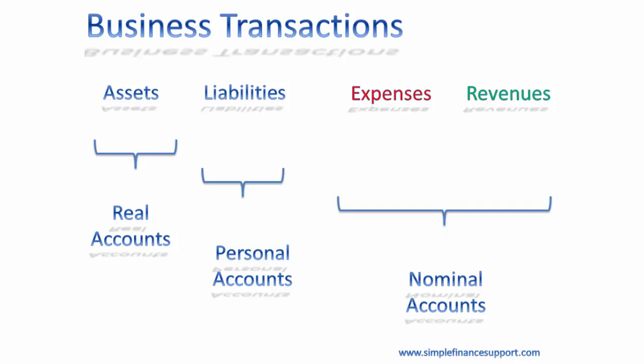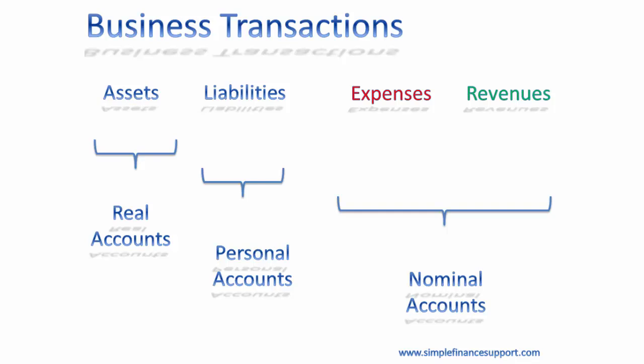Okay, so the fundamental accounting entry that we talked about, the double entry system of debit and credit, is framed around these three types of accounts: real accounts, personal accounts, and nominal accounts. Real accounts are assets, personal accounts are liabilities, and expenses and revenues are nominal accounts.